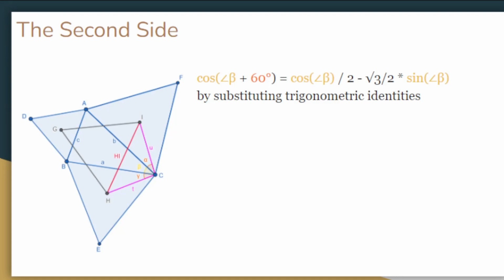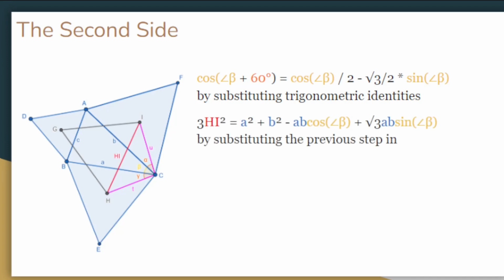The cosine of angle beta plus 60 will equal the cosine of beta over 2 minus the square root of 3 over 2 times the sine of angle beta by substituting trigonometric identities. Then we substitute that in to get 3 times HI squared equals a squared plus b squared minus ab cosine beta plus the square root of 3 times ab times sine beta.